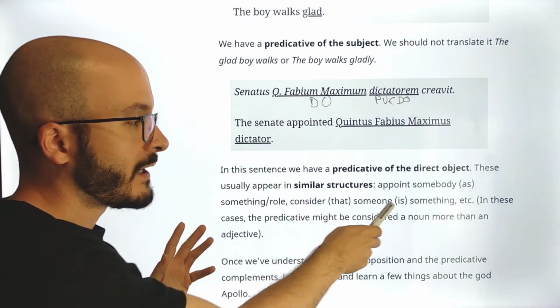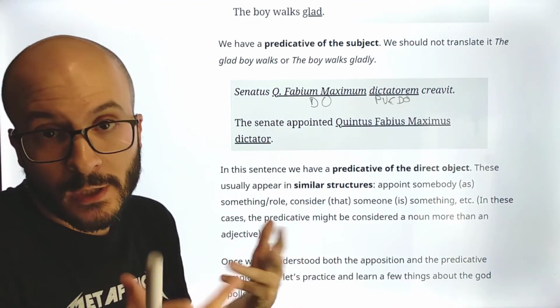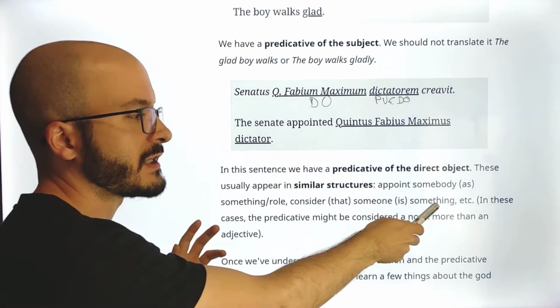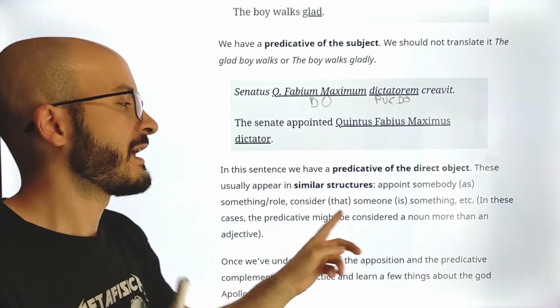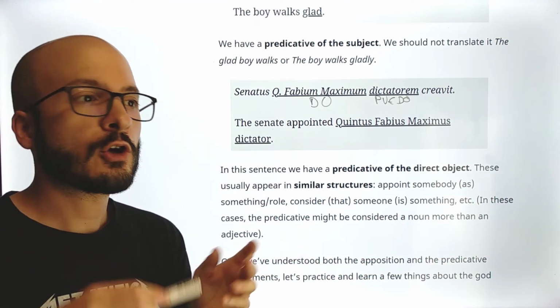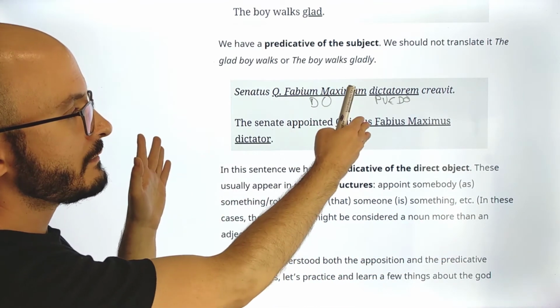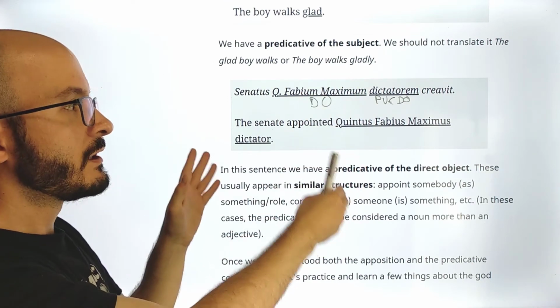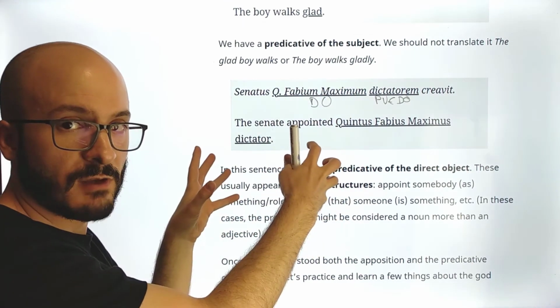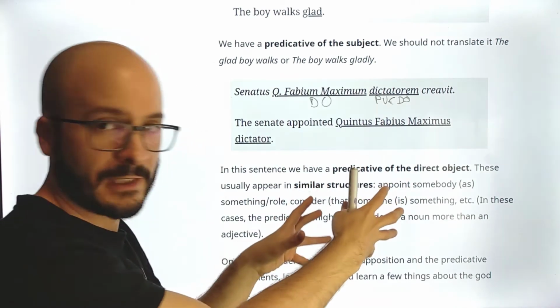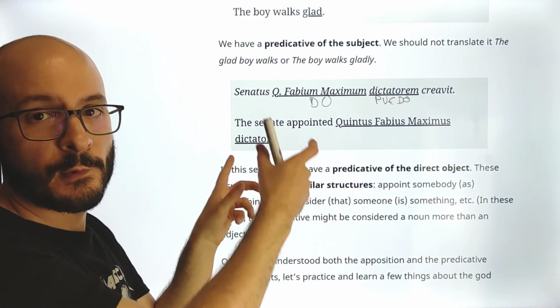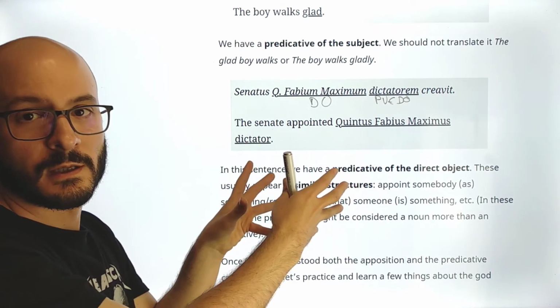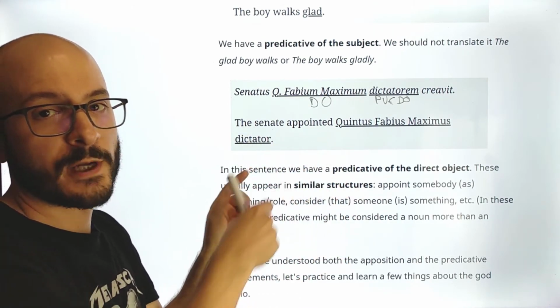Consider that someone is something, which we can also say, consider someone something, or consider something something. Like, imagine, for example, I consider this TV big. So there we have consider something, the TV, a quality, big. So there we have, I consider the TV, direct object, big, the predicative of the direct object.